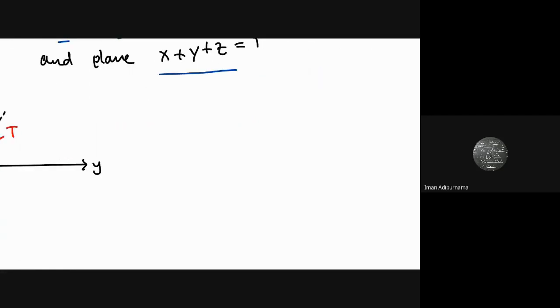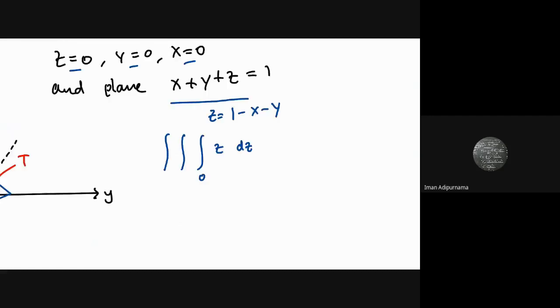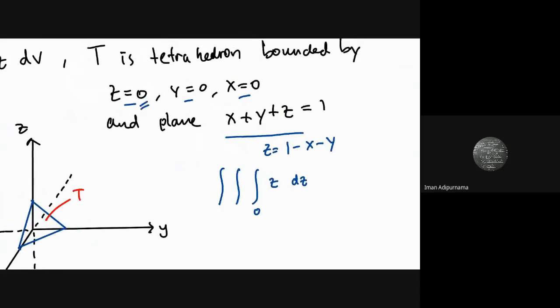Let me make this into z is 1 minus x minus y. This is the surface for z. Okay, so I believe we can also make this. If you want to make dz the first step for integration, the inside integration, you can start from 0 because it's bounded to 0, right?